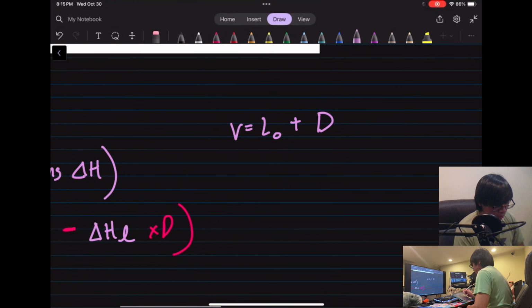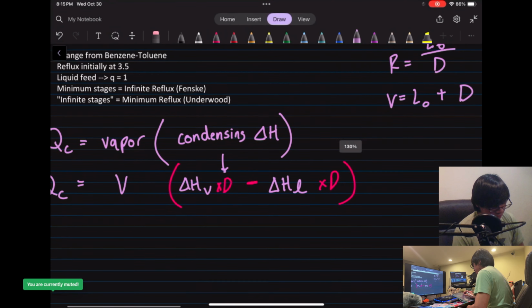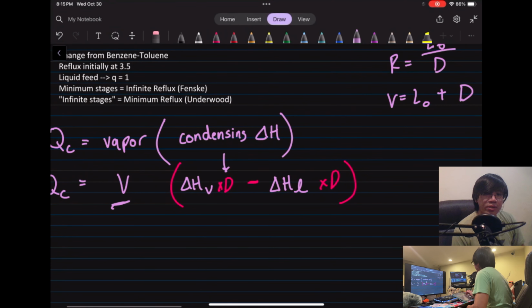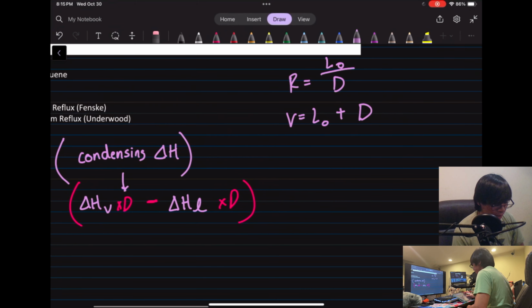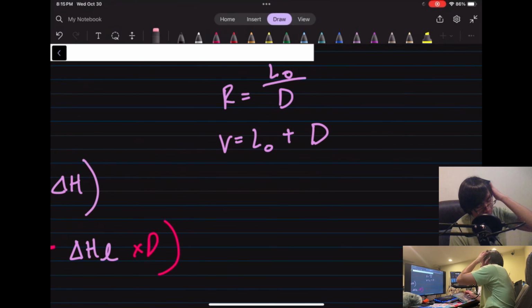And then our reflux ratio is defined as the liquid we return, the liquid that's coming down, divided by our distillate. And we're trying to define V, since we don't have that defined already, but we do have our reflux and our distillate. So we need to define V in terms of our reflux and distillate. Remember, these are parameters we already defined in our initial conditions.